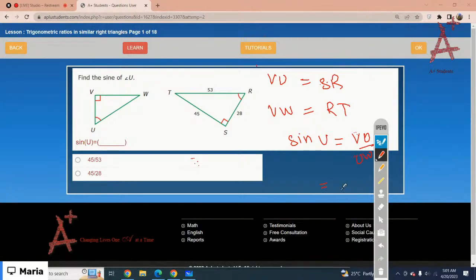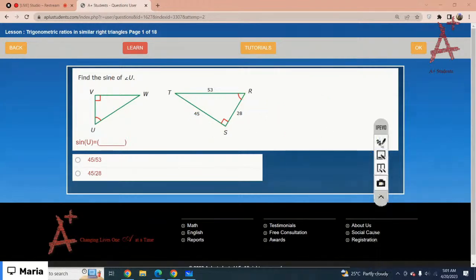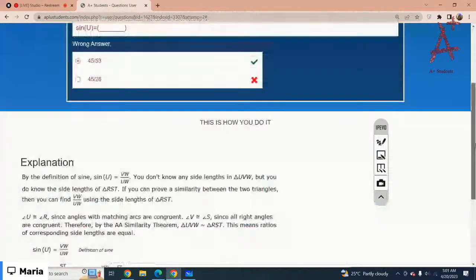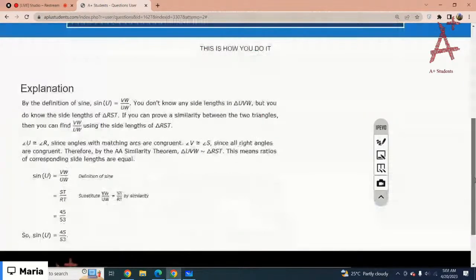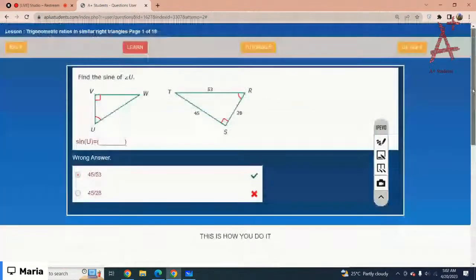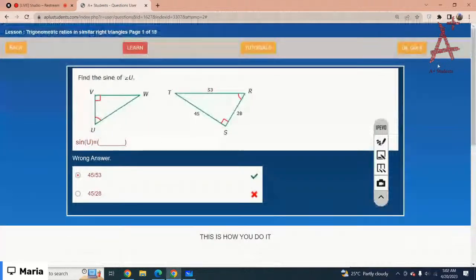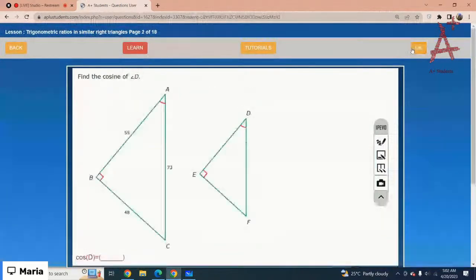If you look at the similar sides, this side is similar to this one. You have to just look at the similar sides because both the triangles are similar. We know that the corresponding triangles have equal side ratios. Actually, it would be opposite over hypotenuse; I did adjacent over hypotenuse. Got it?